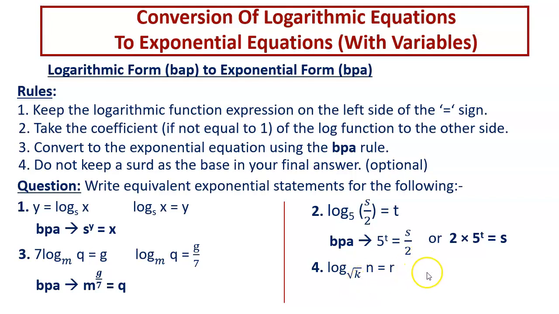I have not written them specifically, but I am saying that k is not equal to 0. K is not a negative integer or it is not a negative number. And n also, it is not equal to 0. It is not equal to any negative number. K is not equal to 1 as well.